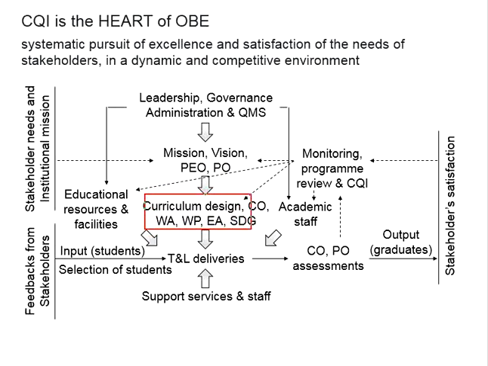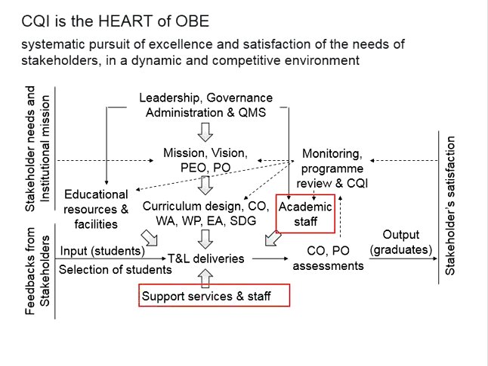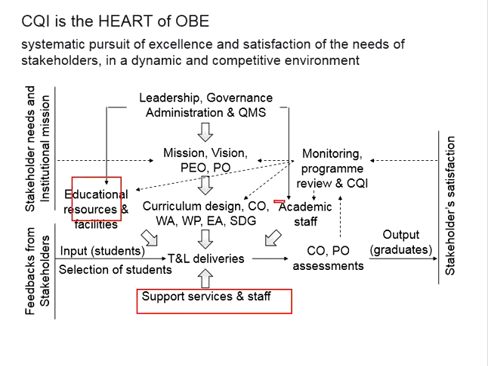Now you have the curriculum completed. Comes to the teaching and learning activities. All the teaching and learning shall be based on the curriculum design. You will need academic staff, support and service staff, as well as the facilities in order to carry out those teaching and learning activities. All these will have to be specifically designated to make the teaching and learning activity effective.